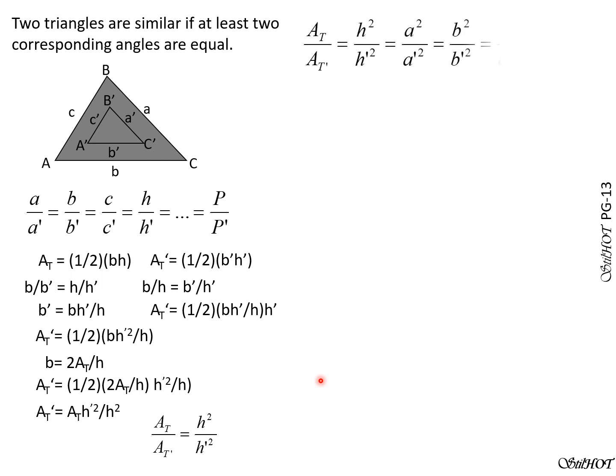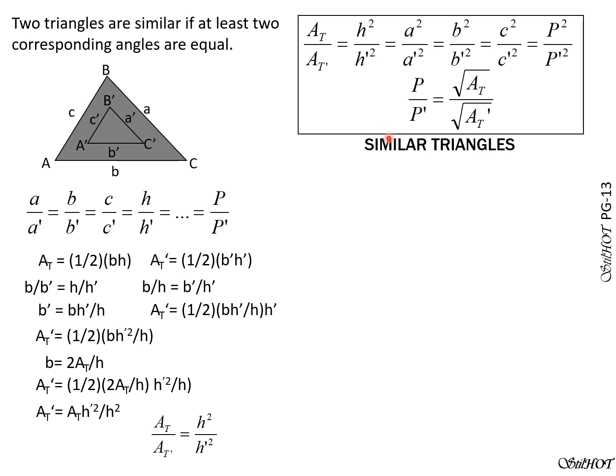So you can continuously extend that equality so that the ratio of perimeters p over p prime is also the square root of area T over the square root of area T prime.